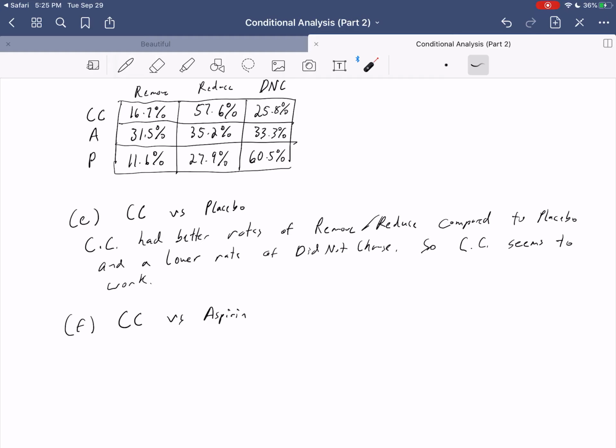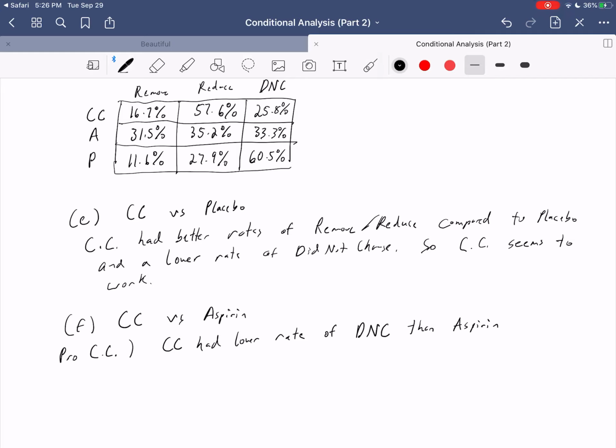So the point here is that you could argue this both ways, depending on what you want to focus on. If you were pro Cheapo Comfort, we could argue, so pro CC, what we could say is CC had a lower rate of did not change or did nothing than aspirin.